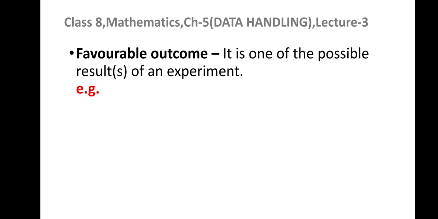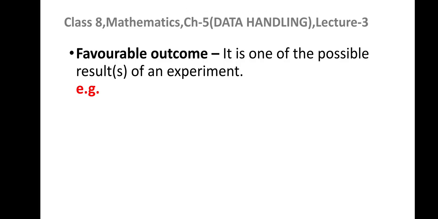Now next comes the favorable outcome. It is one of the possible results of an experiment. Favorable outcome is basically the outcomes which ensure the occurrence of an event.